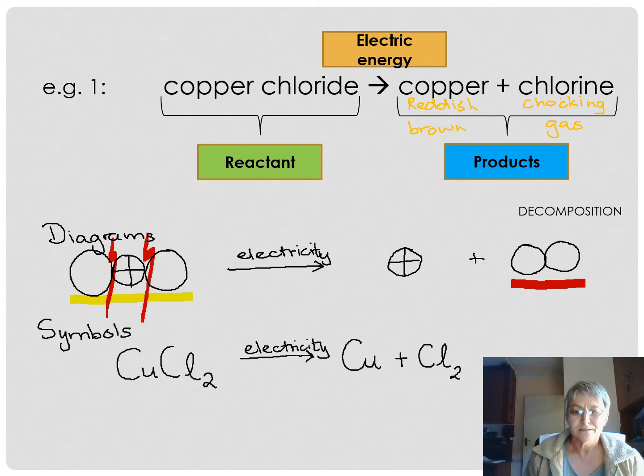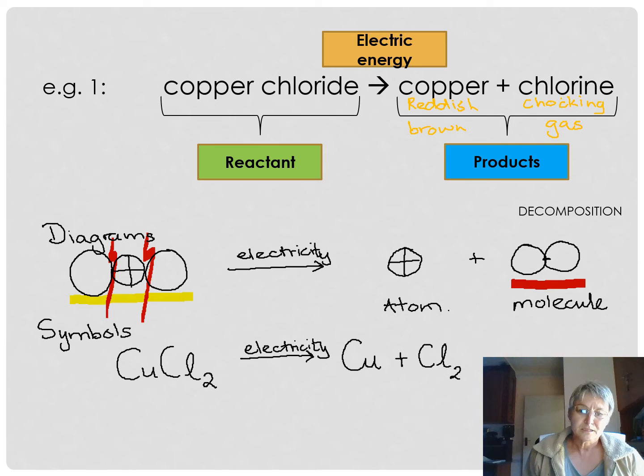And this diagram represents one atom of copper to one molecule of chlorine. A molecule is a particle that forms because of a chemical bond between two atoms. And the atom is on its own.